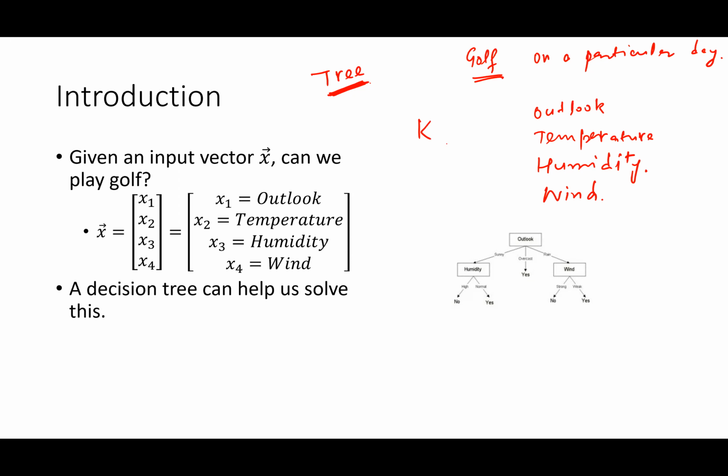In the golf prediction problem we have only two classes, yes and no, but it could be a general problem where we can have capital K classes, and each leaf node will belong to one of the K classes.